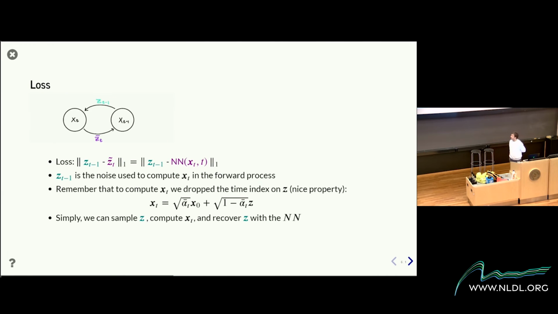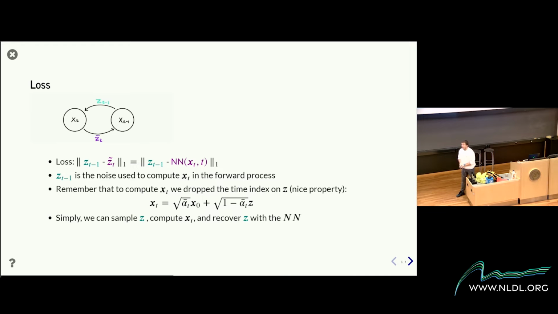Okay, so now let's talk about the loss. What I want this neural network to do is to recover, to predict, to understand the amount of noise that I added to the image in the forward pass.